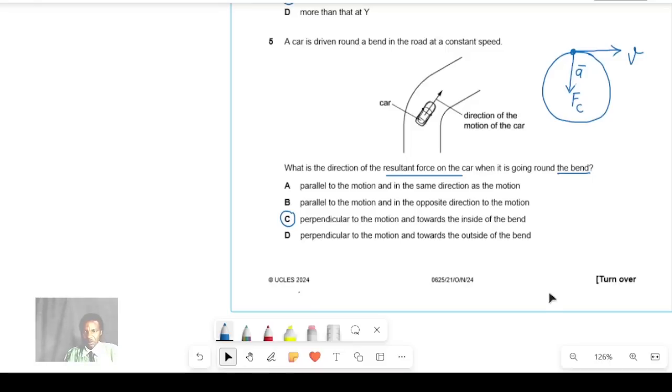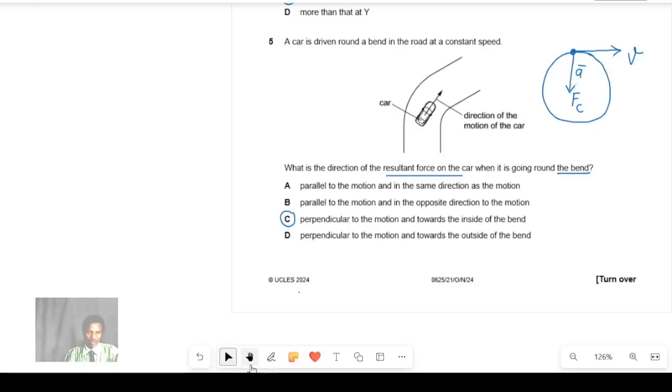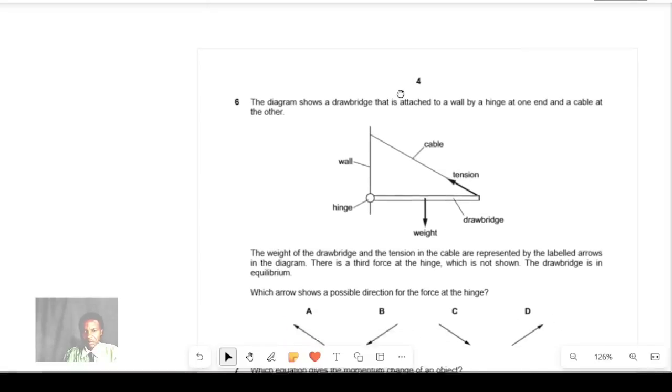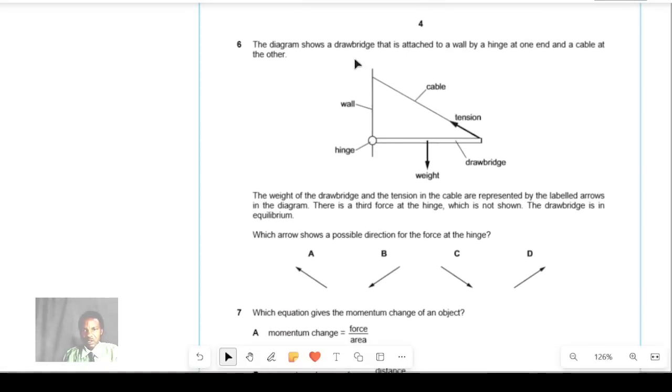Okay, so once we have that, we are good to go. Now the diagram shows a drawbridge that is attached to a wall, as shown in this diagram. We have the weight of the bridge, then we have the tension acting along the cable holding it to the wall. Which arrow shows the possible direction of the force for the bridge to be in equilibrium?